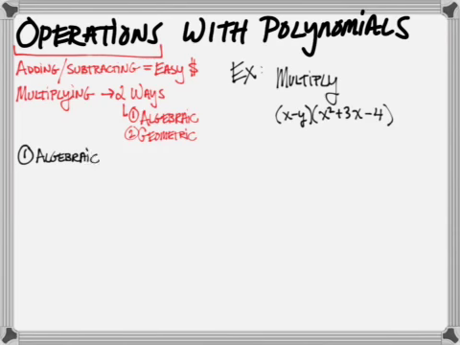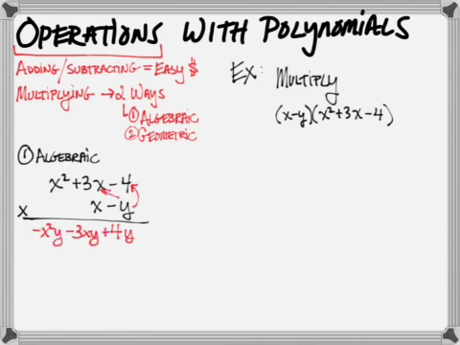All right? So if we set it up, remember when you multiplied numbers like this? And I'm going to multiply through that negative y times negative 4. It gives me 4y. And then I multiply the y by 3x. And then the negative y times x squared. I add a placeholder, just like we would if you're multiplying numbers.